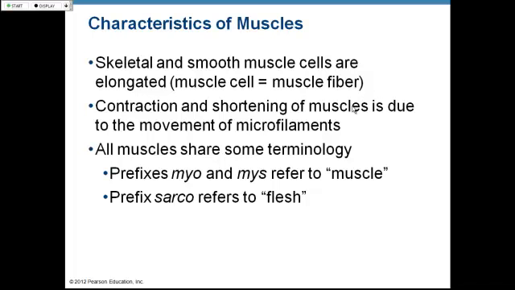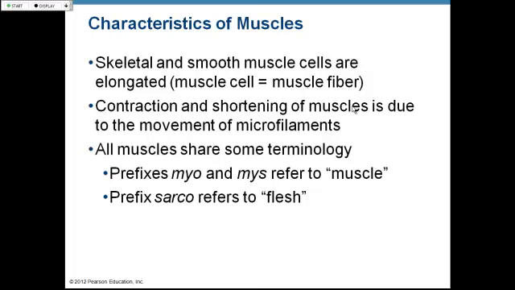The hamstring muscle that goes down the back of your leg attaches on bones in the pelvic girdle and also attaches on leg bones. That muscle cell is very, very long, isn't it? That is a skeletal muscle cell. It's incredibly long. Smooth muscle cells are also somewhat elongated, but not usually quite as long as the skeletal muscles.